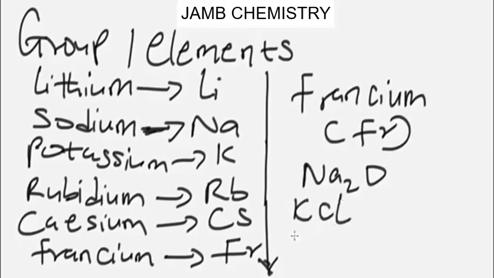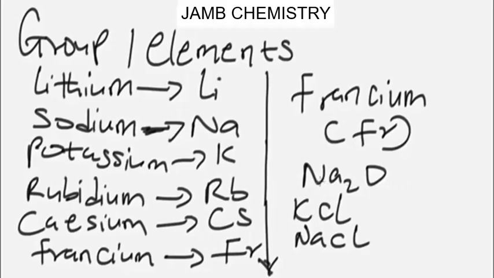When sodium reacts with chlorine, you have sodium chloride. So these are ionic compounds, or electrovalent compounds. There will be more about ionic compounds in a separate video, so just know this basic information about it.